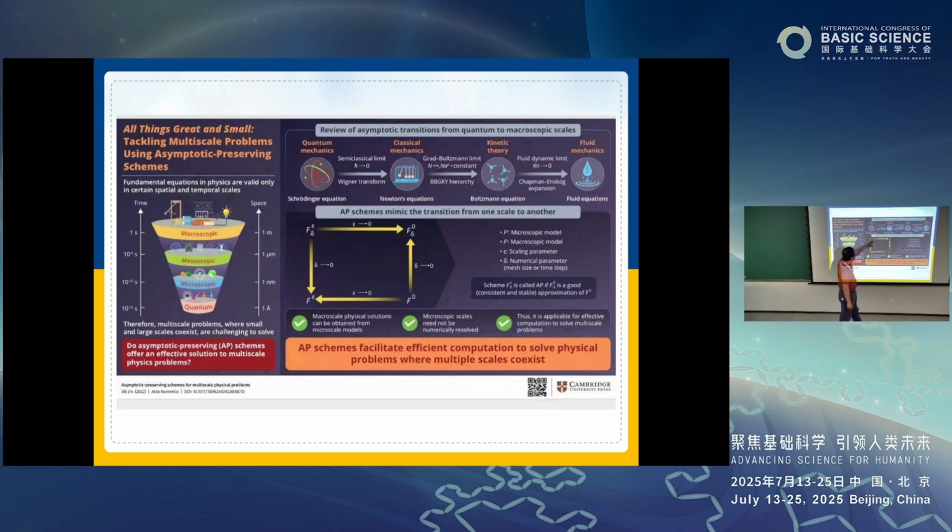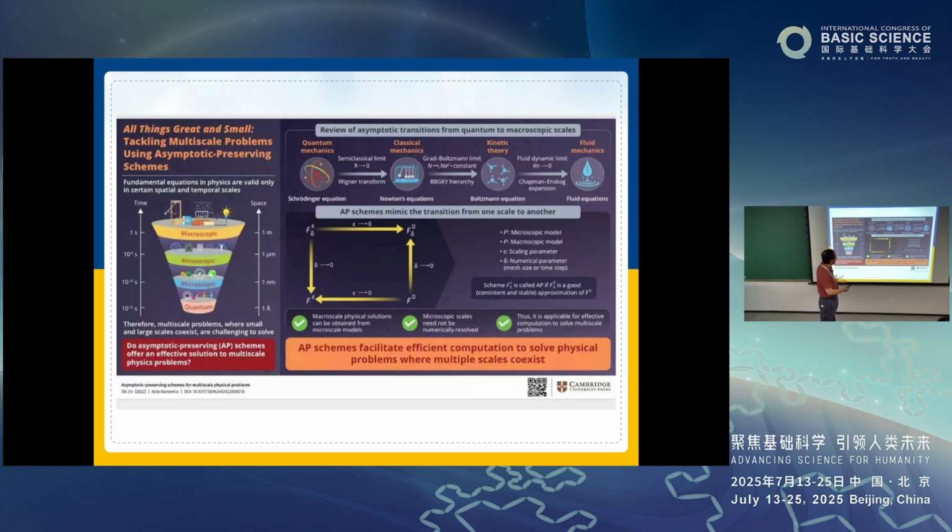Then from classical mechanics, if you take the BBGKY hierarchy and take the Boltzmann-Grad limit, you get the Boltzmann equation. That's the mesoscopic equation. Then from Boltzmann, if you take the so-called fluid dynamic limit, letting the mean free path go to zero, you find the fluid dynamics equations.